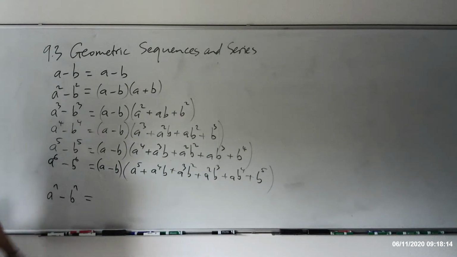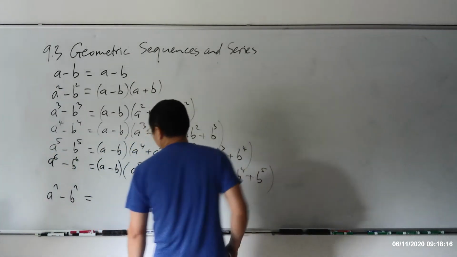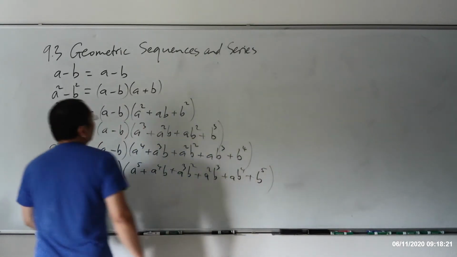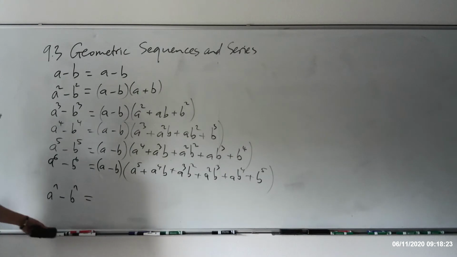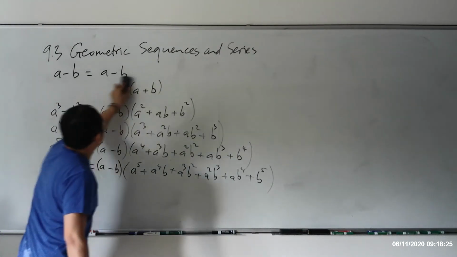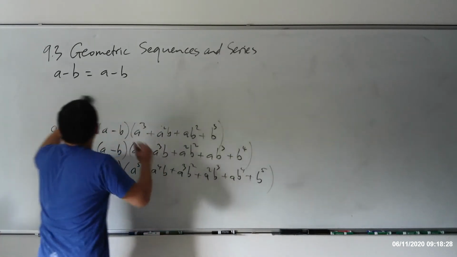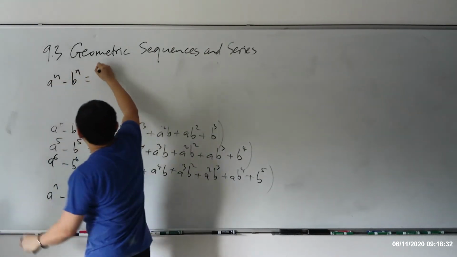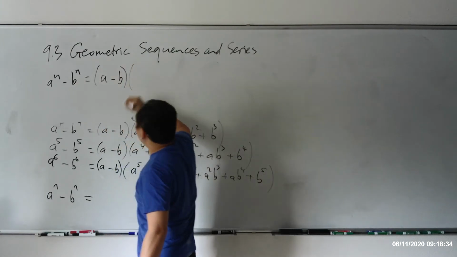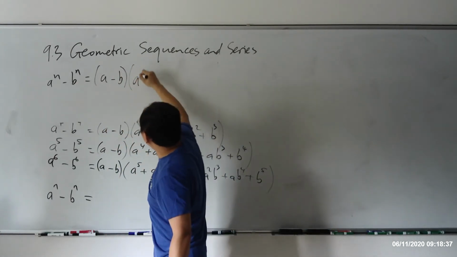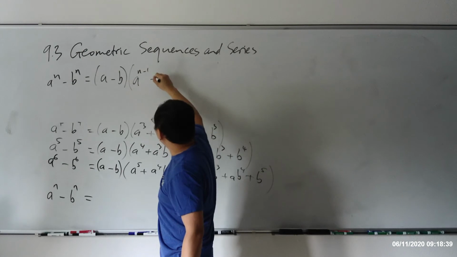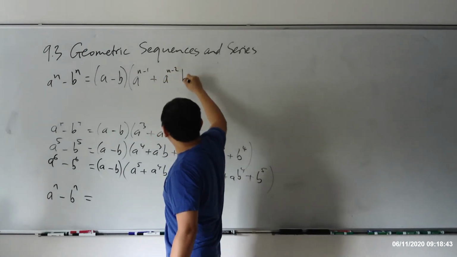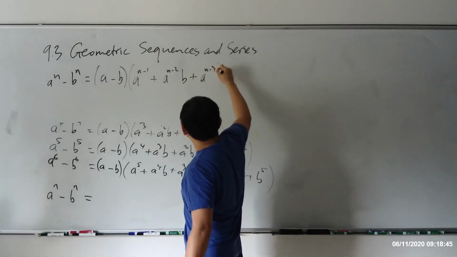So in general, the formula a to the n minus b to the n is going to be a minus b times a to the n minus 1, plus a to the n minus 2 b, plus a to the n minus 3 b squared.